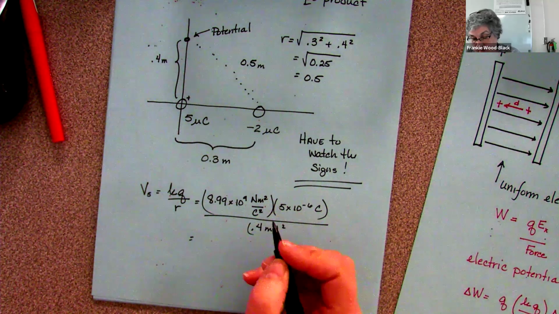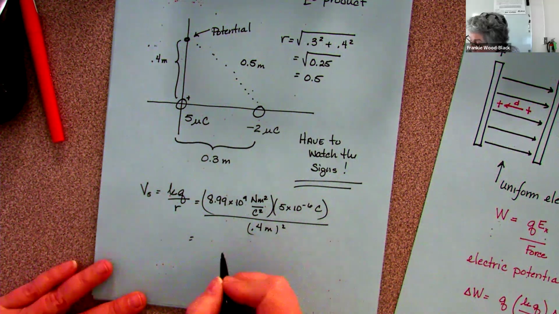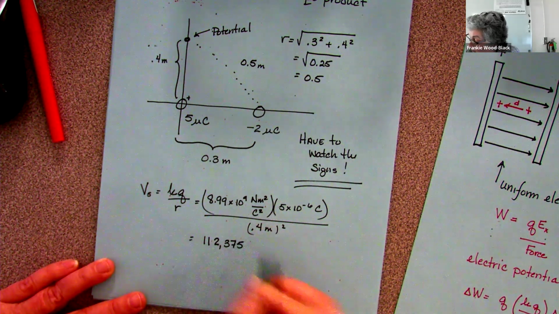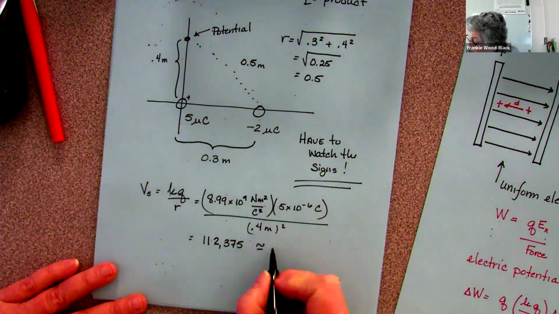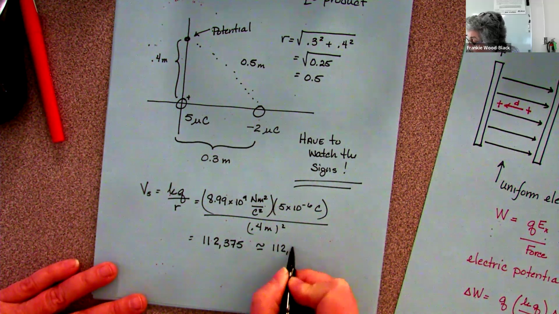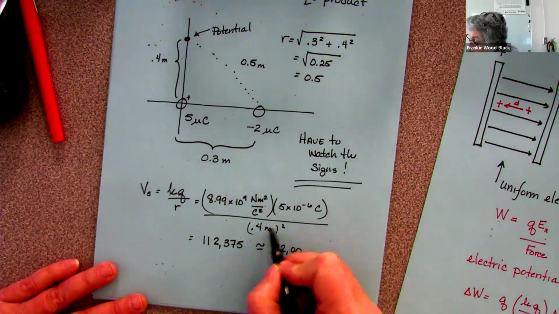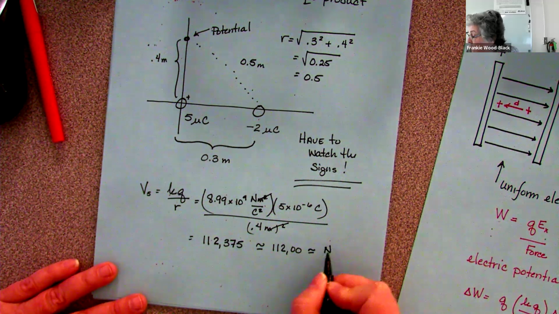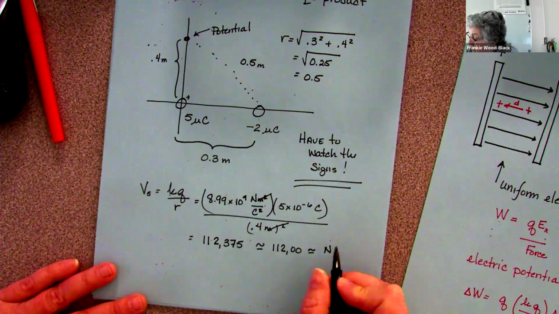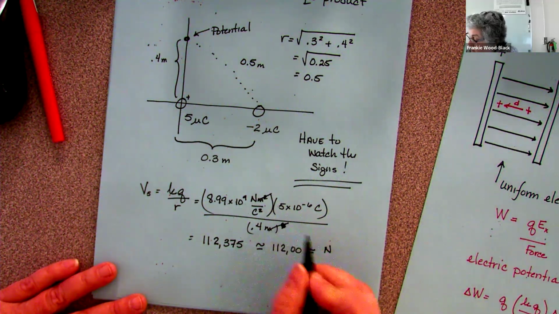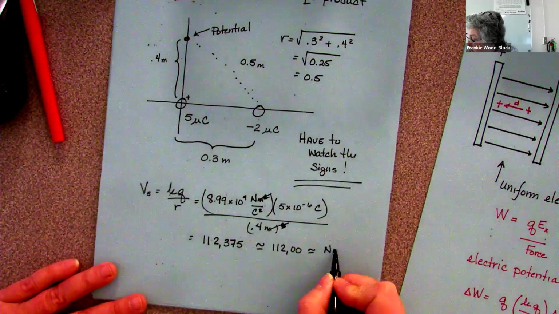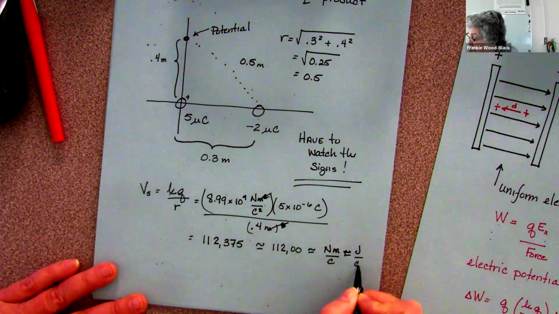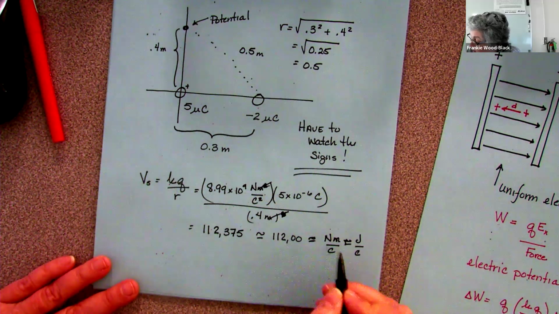This gives me 112,375, which is approximately equal to 1.12 times 10 to the 5th. And my meters cancel, and I'm going to end up in units of Newton meter per coulomb, which is a joule per coulomb, which is exactly what I want. And that's a volt.